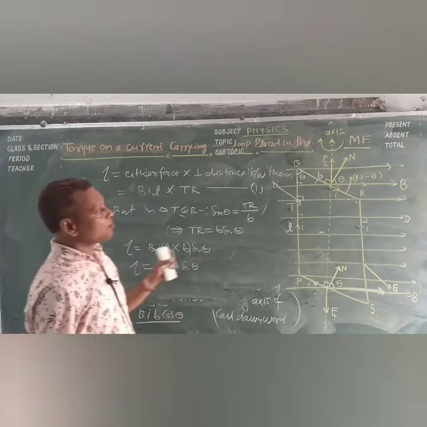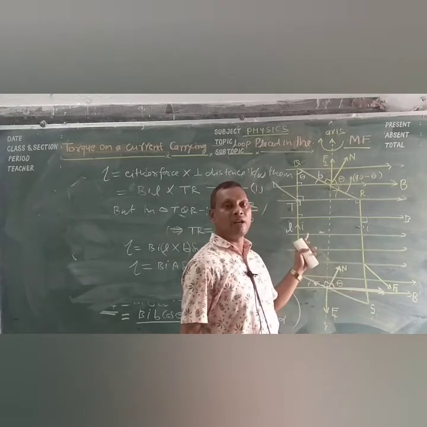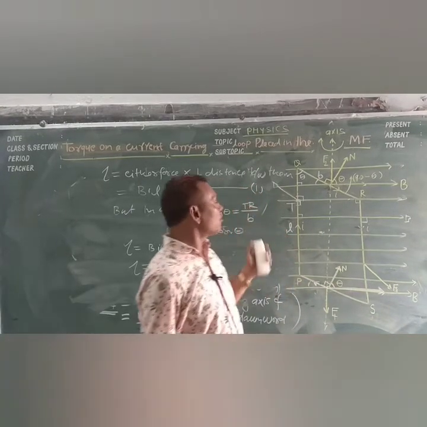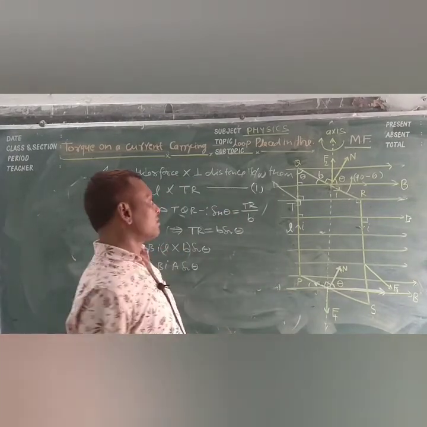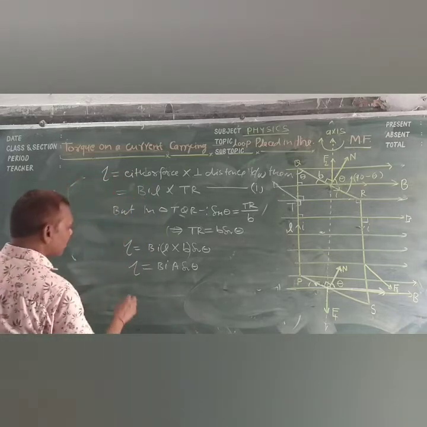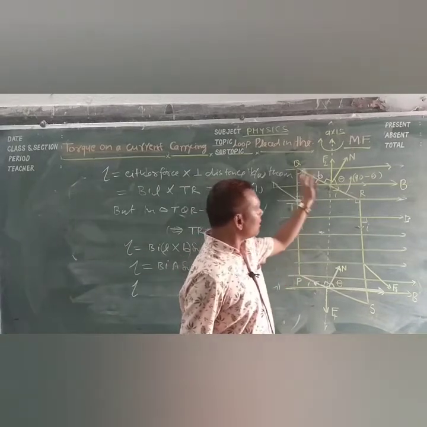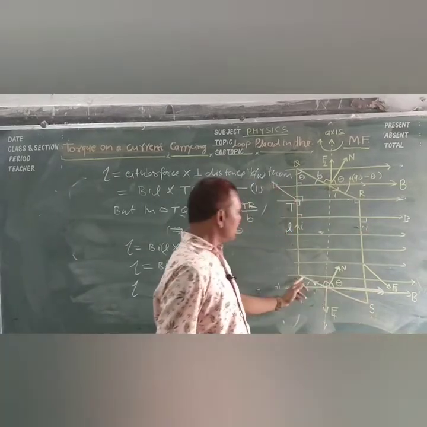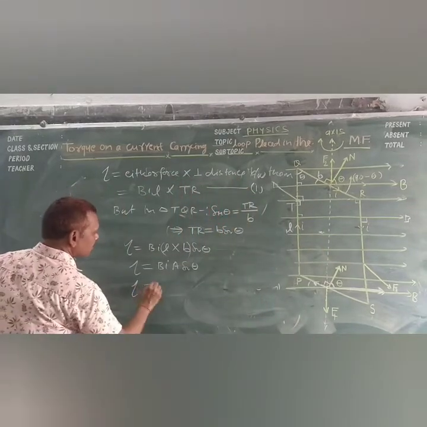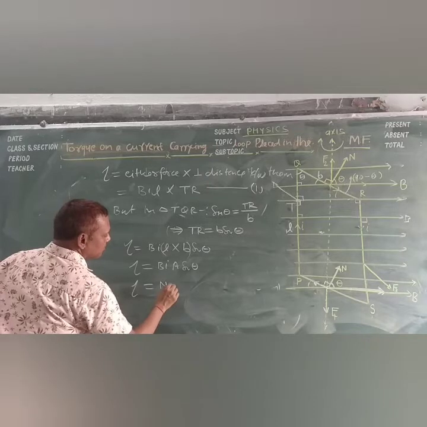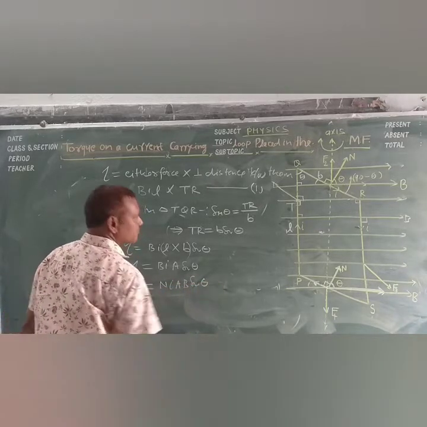This is the torque which is acting on this rectangular loop. Now suppose this coil consists of n turns. This torque is for only one turn. If the coil has n turns, the torque will be n times, NIAB sin theta.